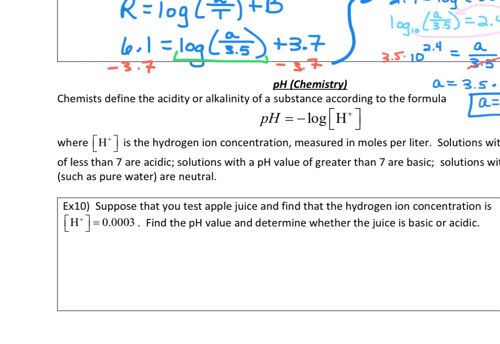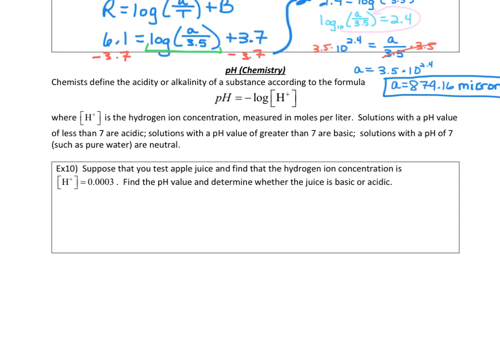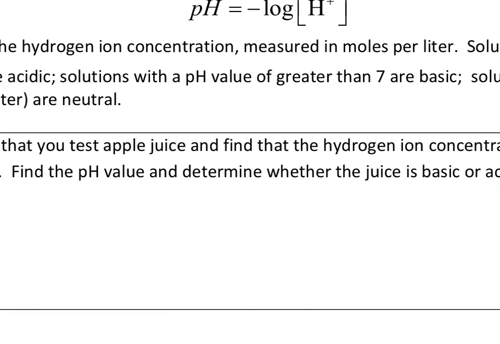So anyway, number 10 here is asking you to test some apple juice. You find that the ion concentration is 0.0003. And so the pH formula is the negative log of that number.